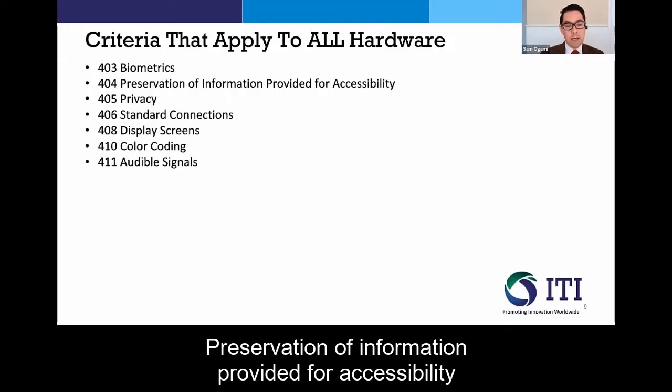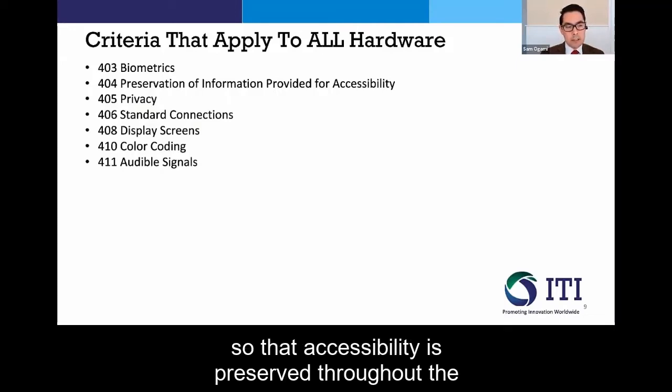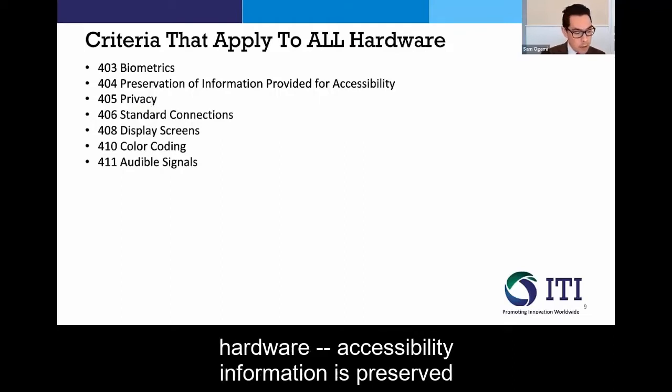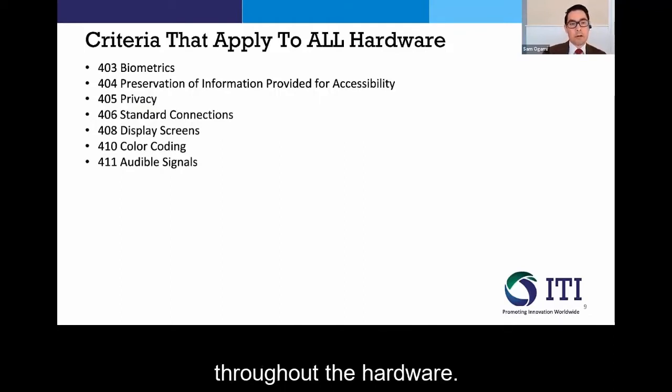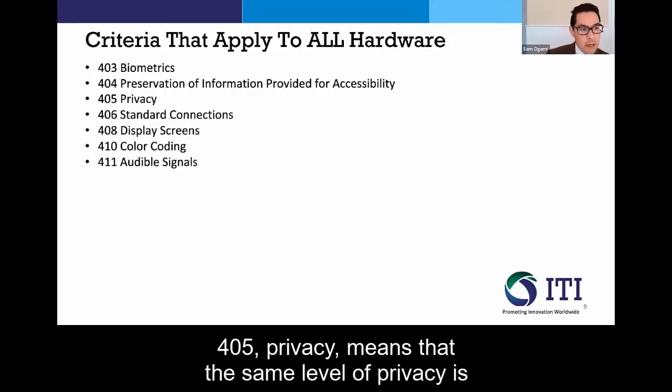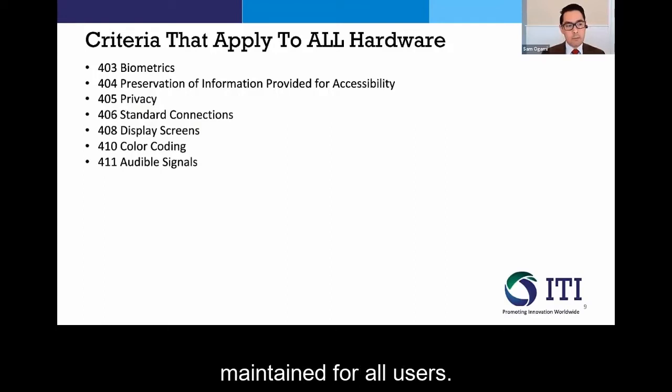404, preservation of information provided for accessibility, so that accessible information is preserved throughout the hardware. 405 privacy means that the same level of privacy is maintained for all users.